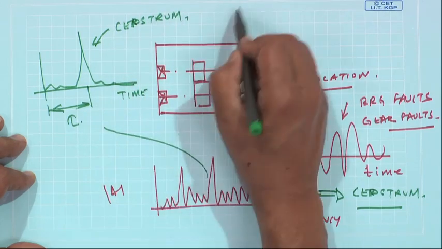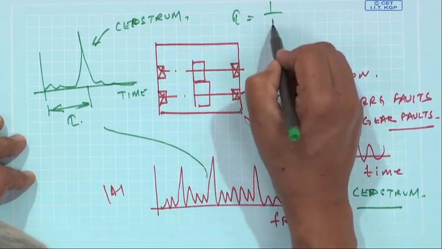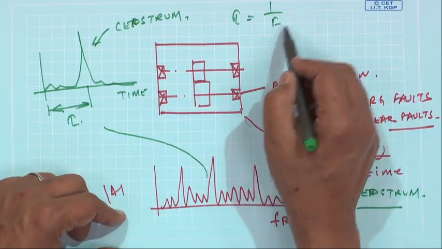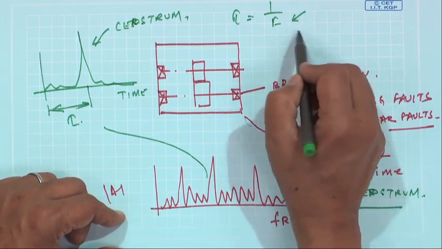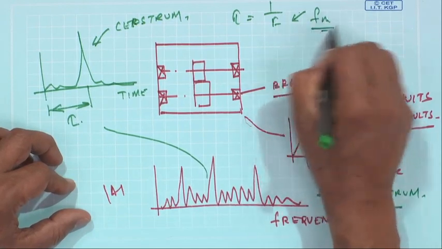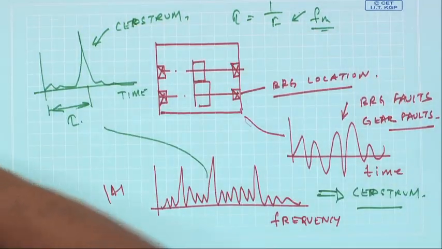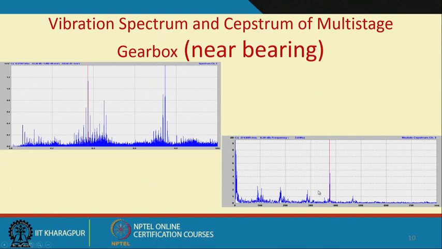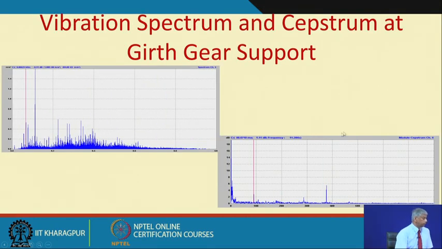So, this time period tau is nothing but 1 by f, where f is the predominant sideband in the signal, like an amplitude modulated signal. This is what we actually found from recording the signal of this gearbox using this 8-channel data recorder.